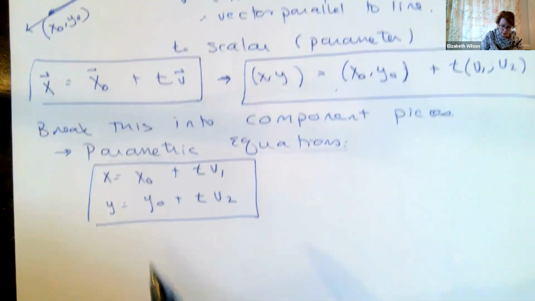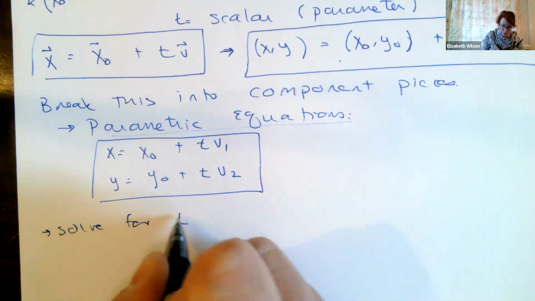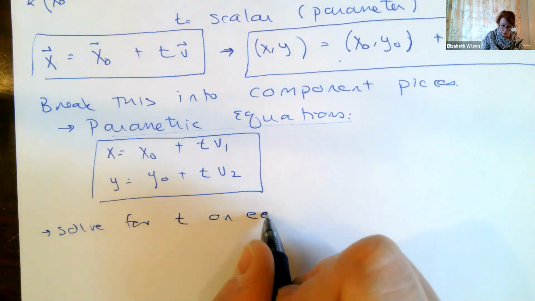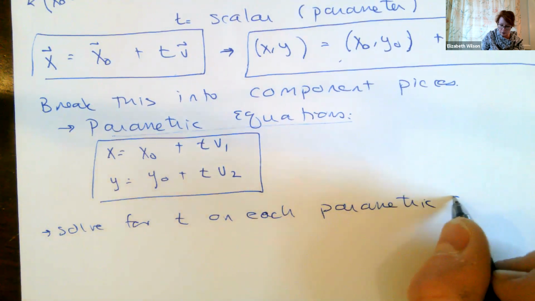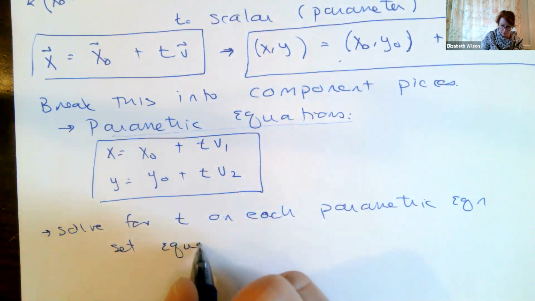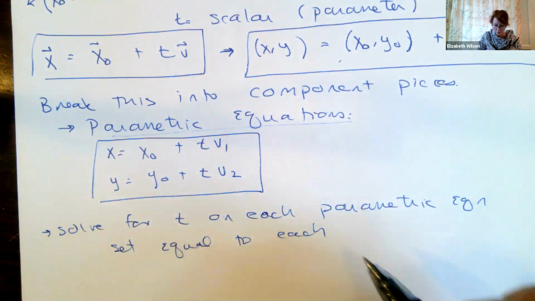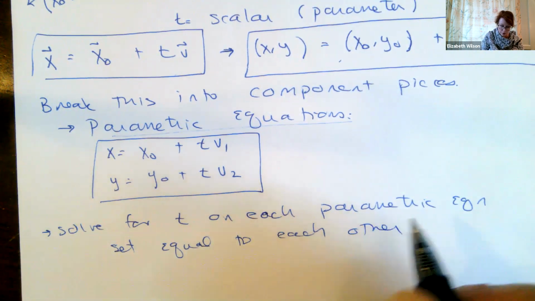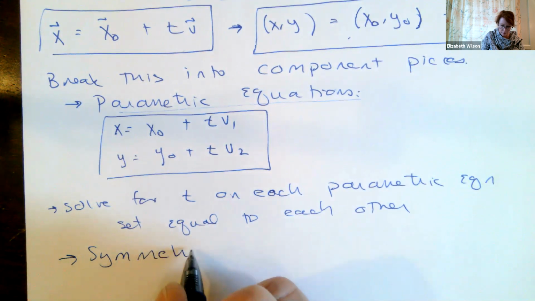Now I can take this, solve for t on each parametric equation, set equal to each other, because the t's are equal to each other. And then we're going to get what's called a symmetric equation.